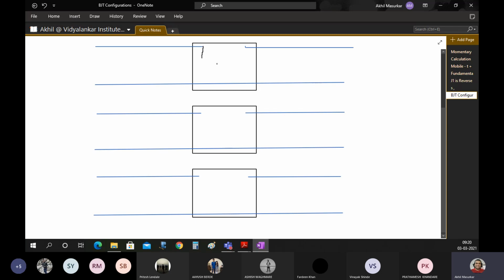So we have a device like this. So inside here, let's say this is my collector, emitter and base. So what is common here is base. Then we can have a common emitter configuration. So this is emitter is common.